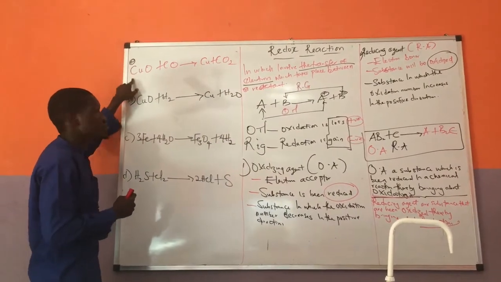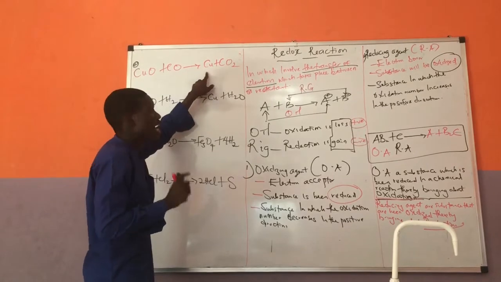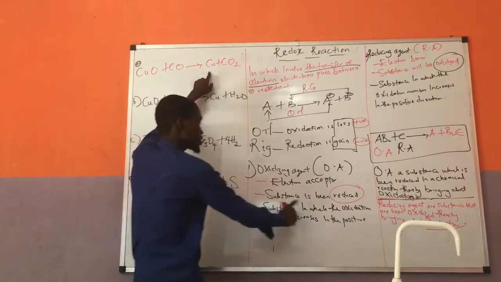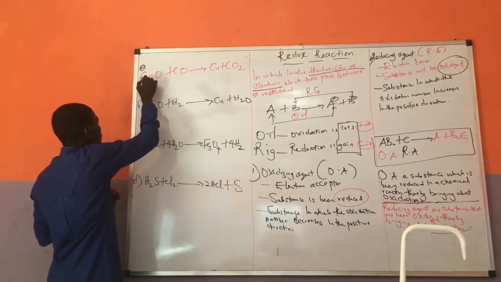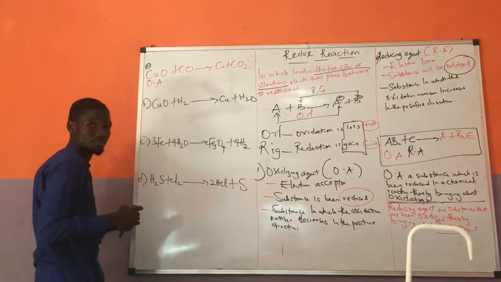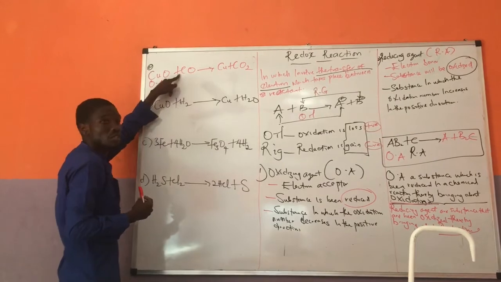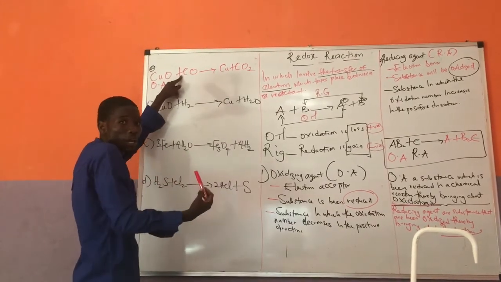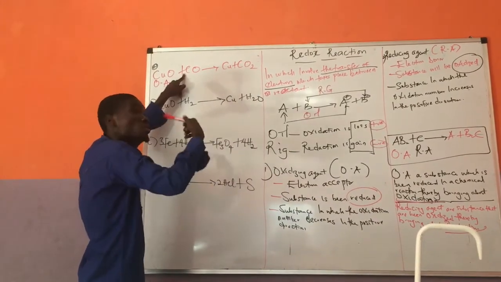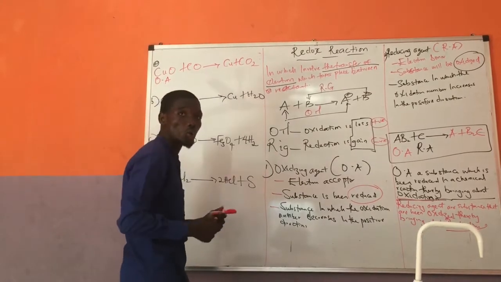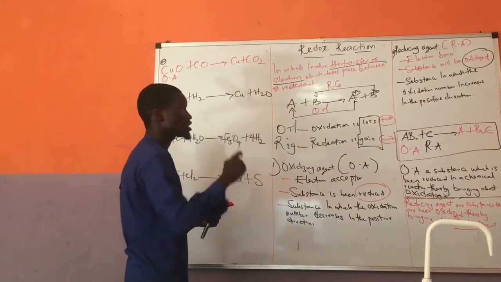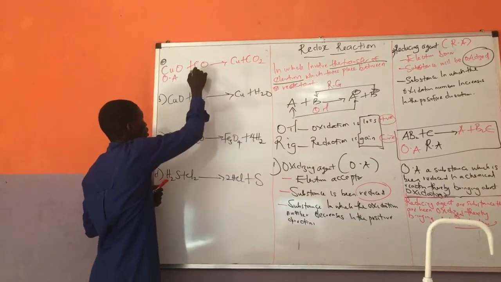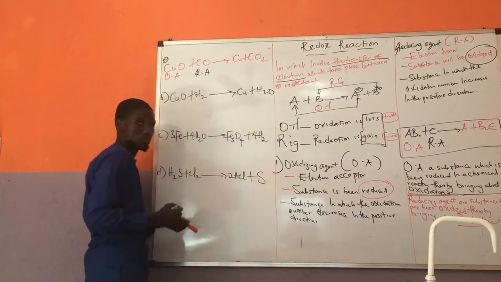Copper 2 oxide is being reduced to copper. And when the substance is being reduced, that means what? Oxidizing agents. And for this, which is carbon monoxide, or we can call it carbon 2 oxide, is being oxidized to give us what we call carbon 4 oxide. And when the substance is being oxidized, to give us what? A reducing agent.